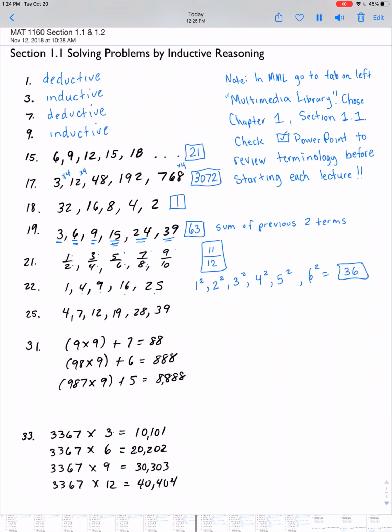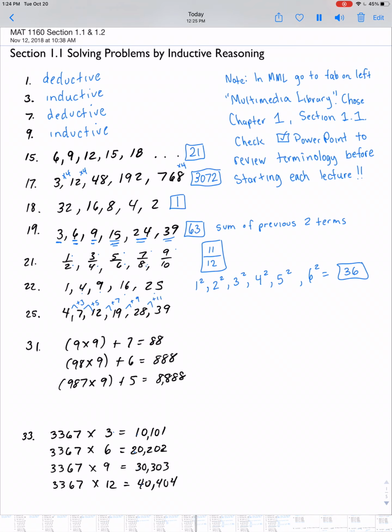Now 4, 7, 12, 19, 28. Multiples don't work. Multiplying by a particular number each time is not happening. Adding by a number each time, let's see what happens here. So I have to say 4 plus 3 is 7. 7 plus 5 is 12. 12 plus 7 is 19. 19 plus 9 is 28. 28 plus 11 is 39.